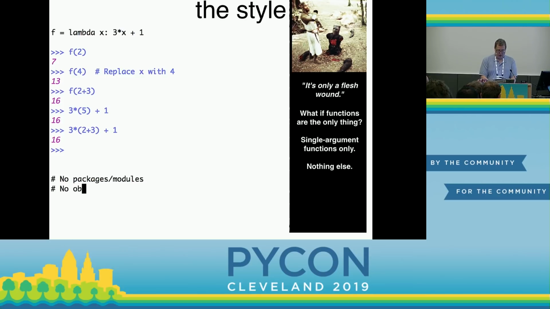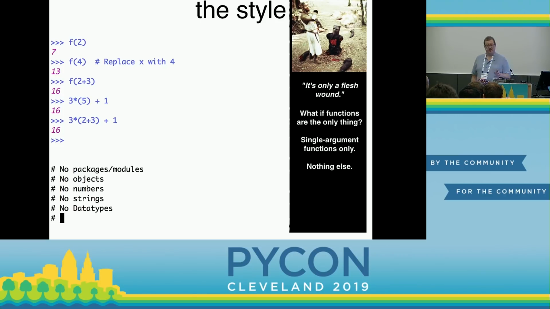What if you had no objects? Or no numbers? Or no strings? Or no data types? You just start carving it away, stripping things down, and see how much you could cut away and still have something you could compute with, something that does anything useful.